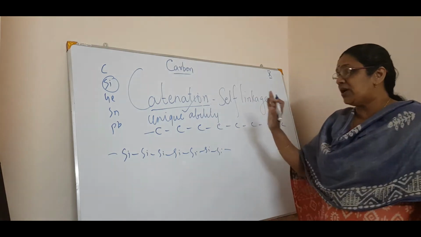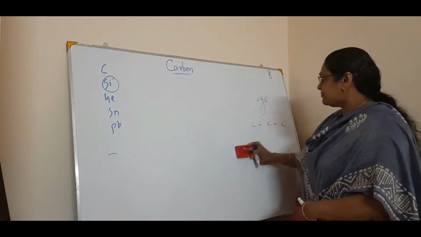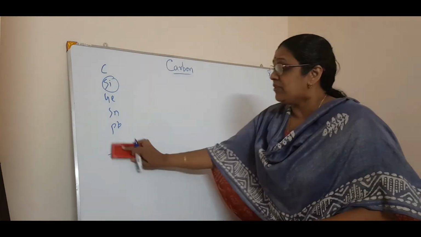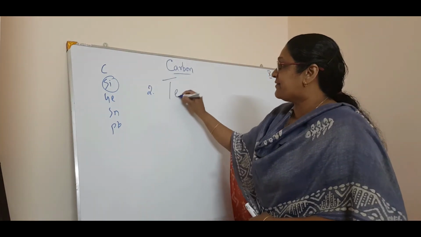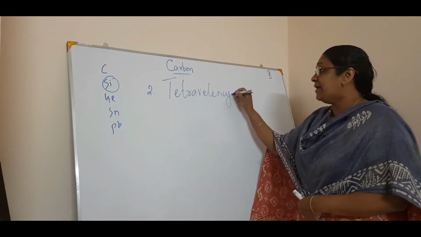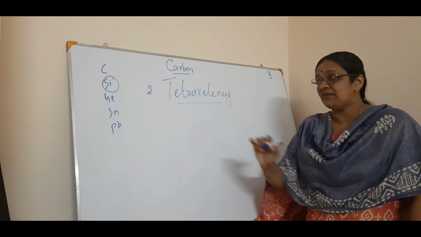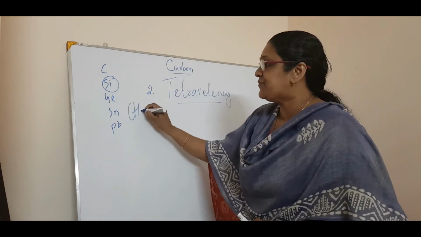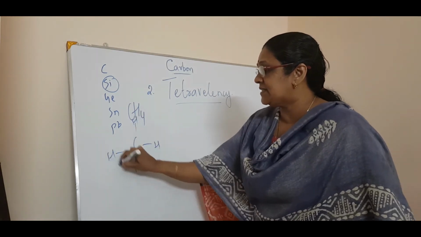So now the second property is tetravalency. Even though carbon is very small, the carbon can directly form 4 bonds. We have seen the formation of CH4, that is 4 bonds of carbon: C-H, C-H, C-H.